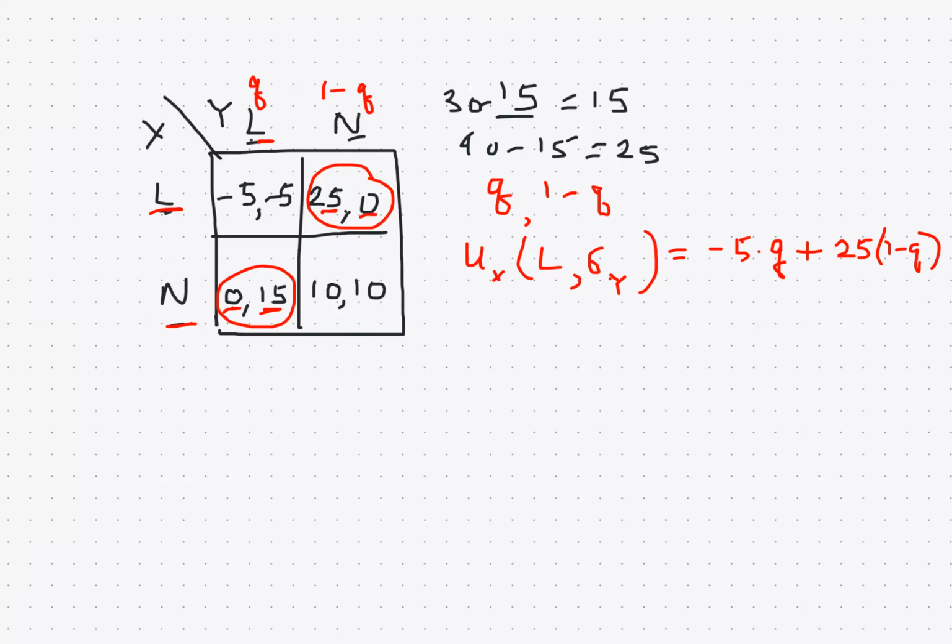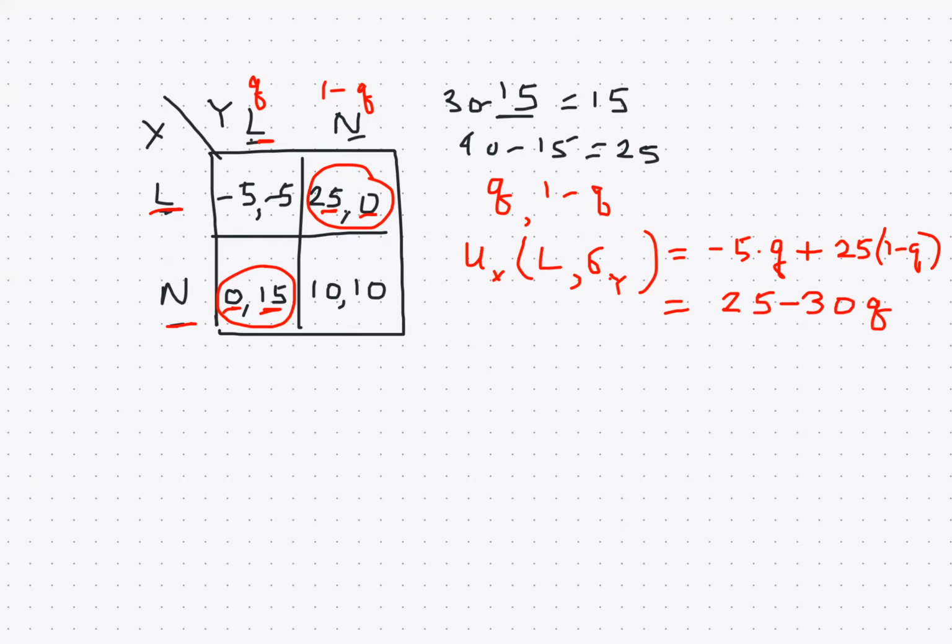So the expected payoff is equal to, you can simplify it, -5Q plus 25 times 1 minus Q, so 25 minus 30Q.